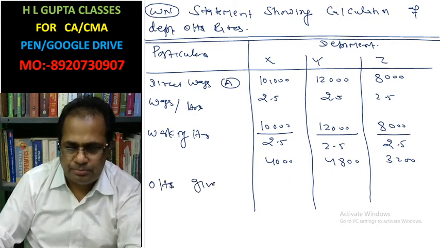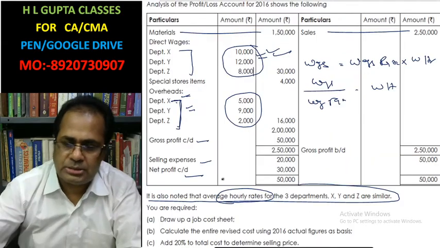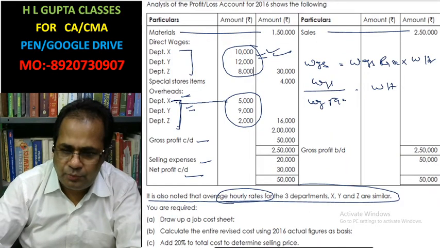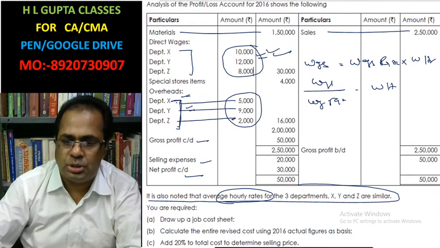Overheads given: what are the overheads given in this case? Department X 5,000, Department Y 9,000, Department Z 2,000.